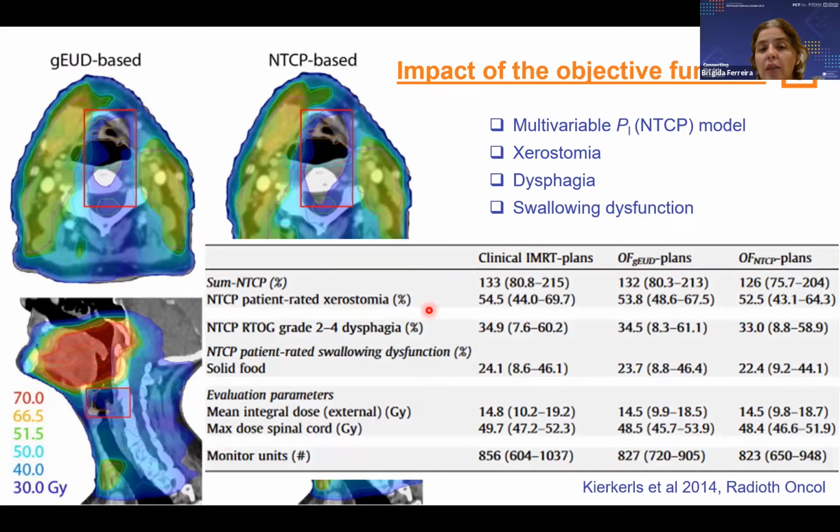As you can see, if we compare the probabilities of complications for xerostomia, dysphagia, and swallowing dysfunction, these clinical plans were based on completely physical objective functions. You see that every time you do biologically optimized radiation therapy, there is a reduction in the probability of complications.